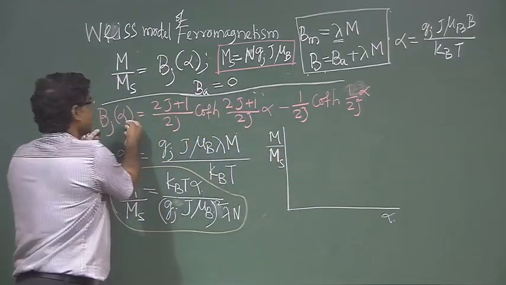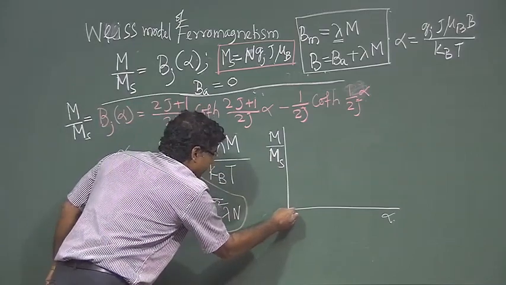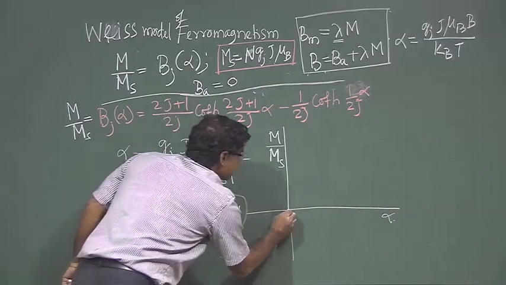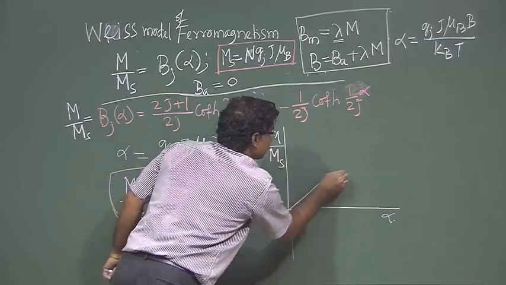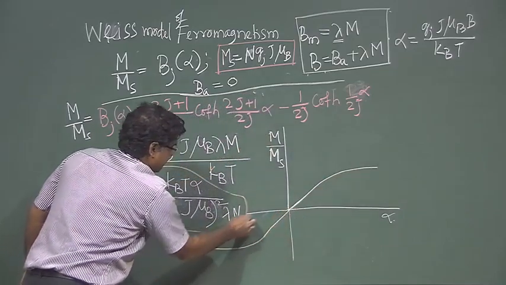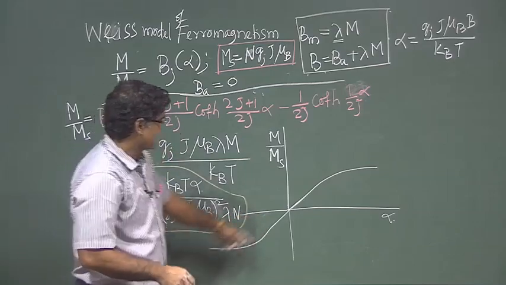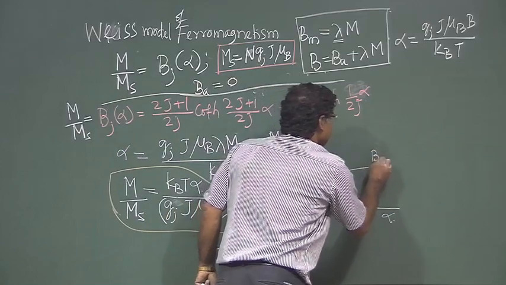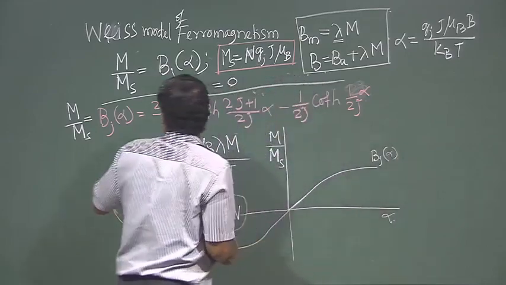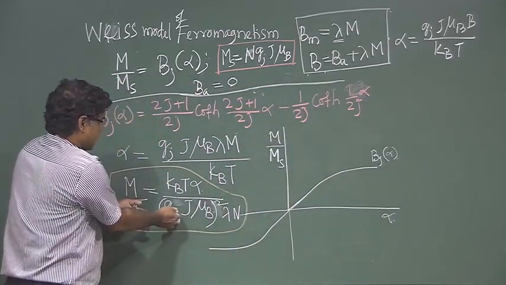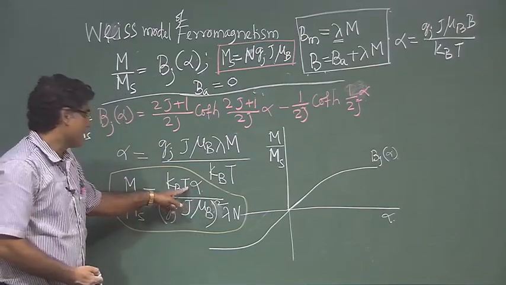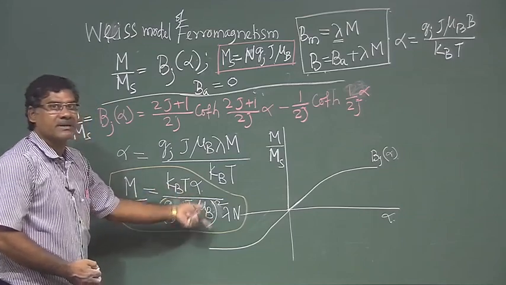If you plot the Brillouin function, the curve is this, basically Bj of alpha. Now if you draw this other one, for a particular temperature it is a straight line.